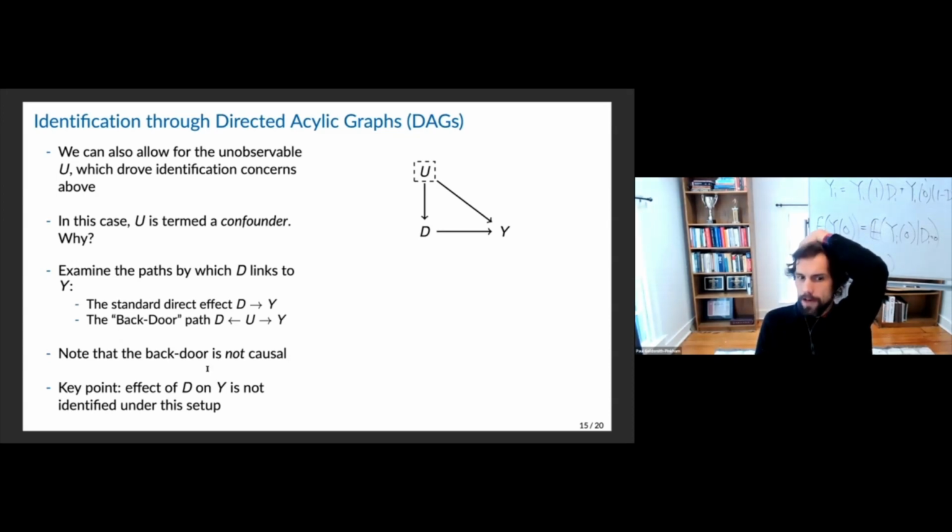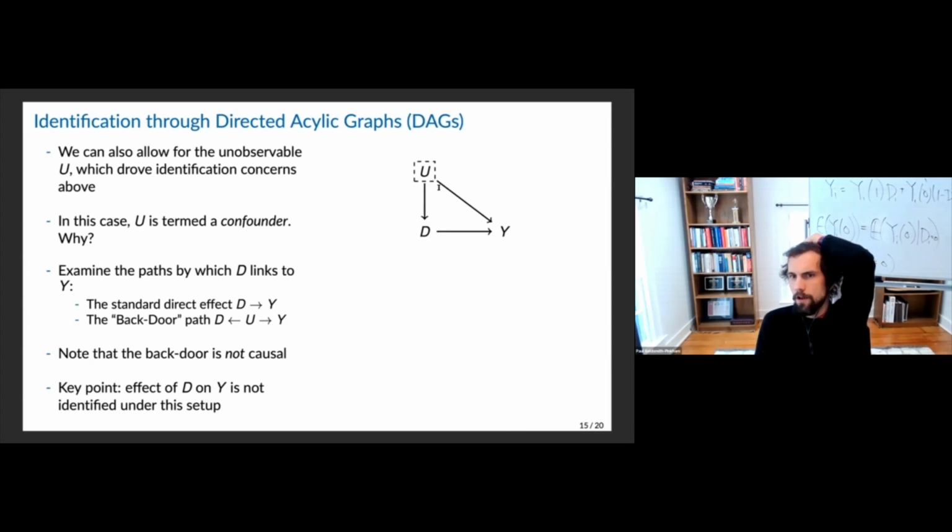The key point, and we'll get more into what exactly defines this, is that because there's a backdoor path in addition to the direct path that we're interested in, the effect of D on Y is not identified. I'm not going to show you the formal results for this. I'll link the sites if you're interested. The notation setup is frankly a lot for proving when something is D-separated and not.